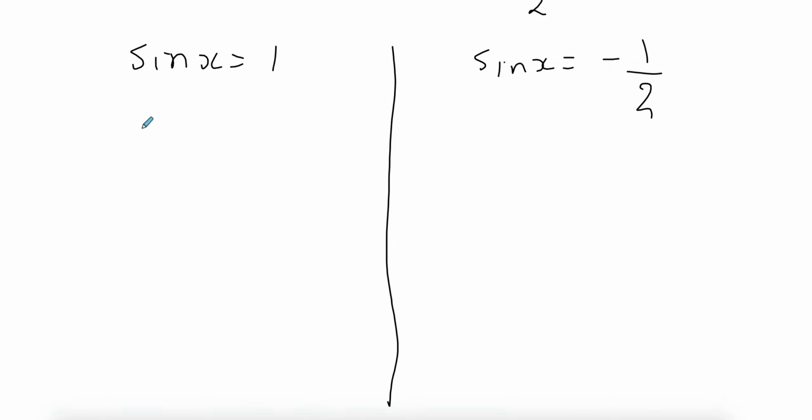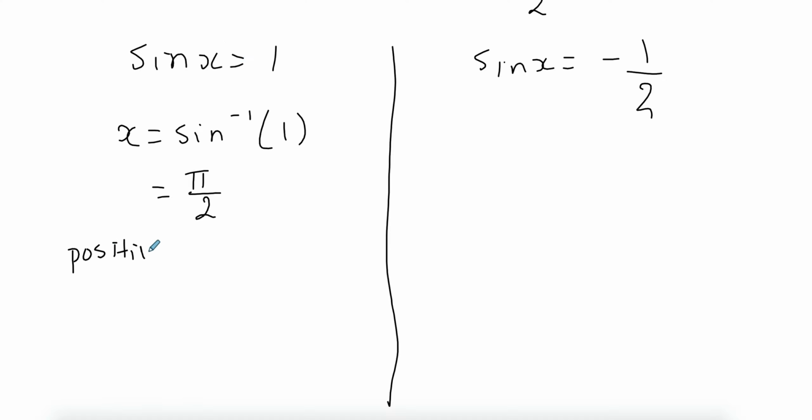Okay. So I have sine inverse, and it's going to give me pi over 2. So I know that my answer here, my sign is positive, which means I need the first quadrant and the second quadrant, but actually pi over 2 lies precisely between the first and second quadrant, so this is the only solution.